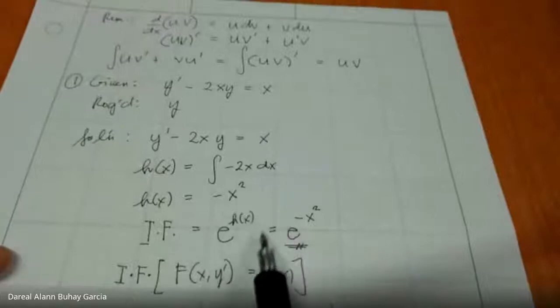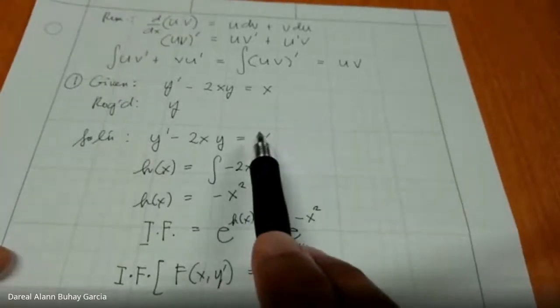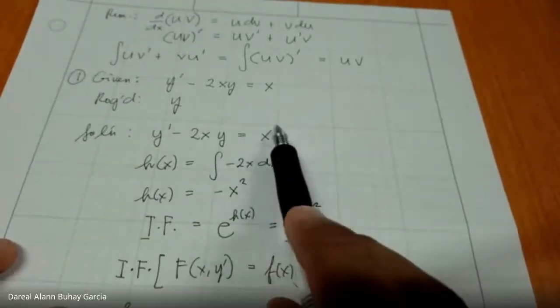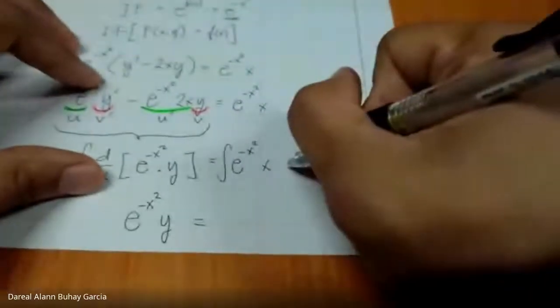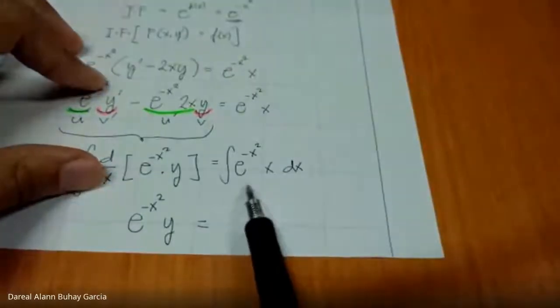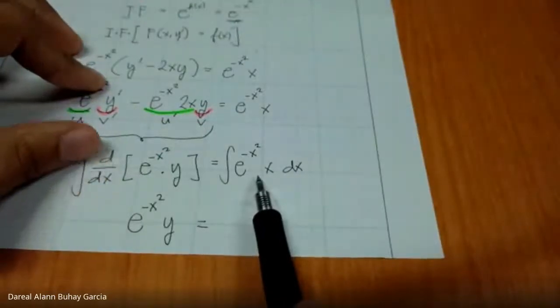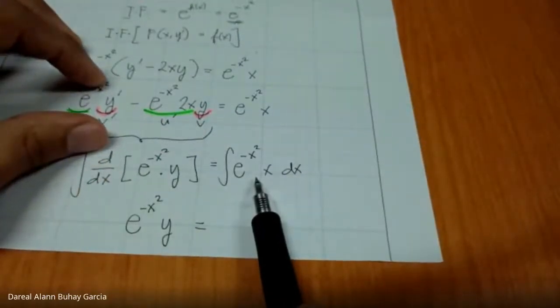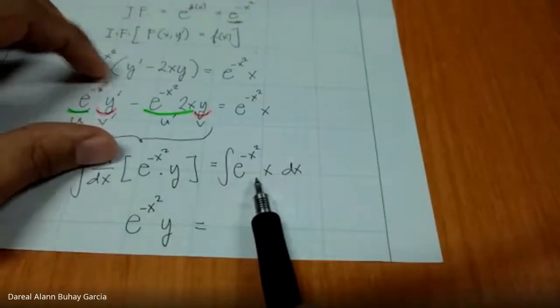Then we equate it to the integral of the integrating factor times r of x. So, what's the integral of this one? U substitution.